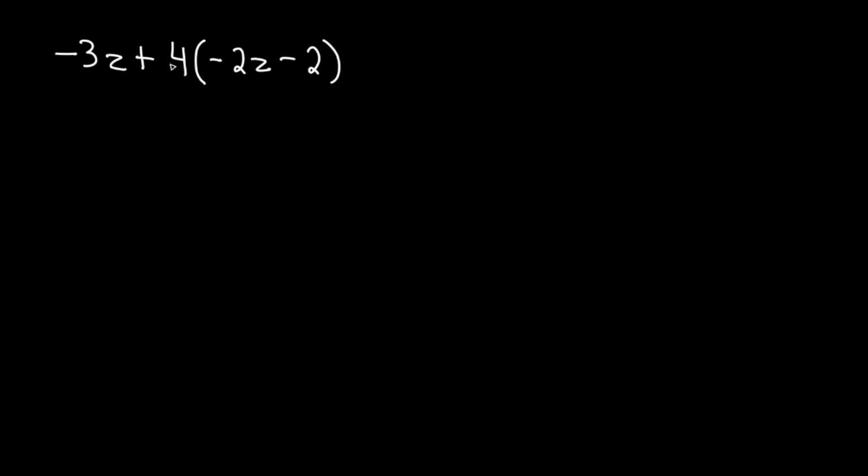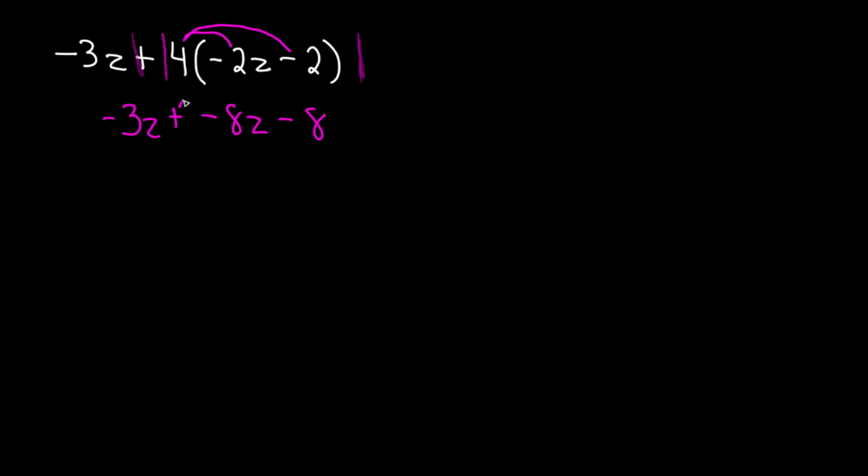All right, so we start here and we'll distribute in between these lines here. So 4 times negative 2z is negative 8z, and 4 times negative 2 is minus 8. We have this negative 3z over here that we still have to add on.